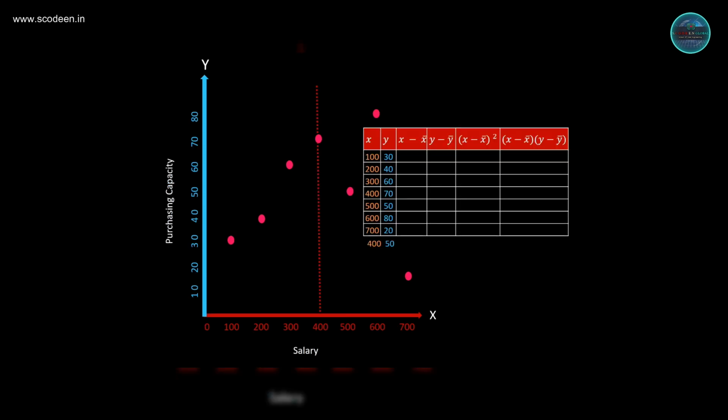Let's analyze the error in the x-axis here. The estimated point, that is your mean value, is 400, and the various observations are here, that is the actual points. So the actual minus the estimated value of the x-axis is the error in the x-axis.